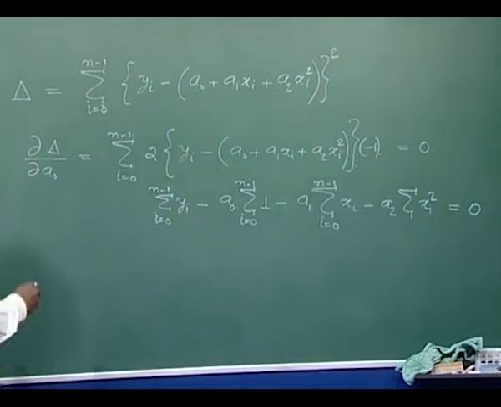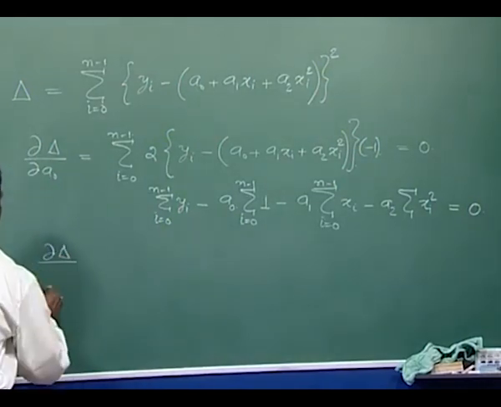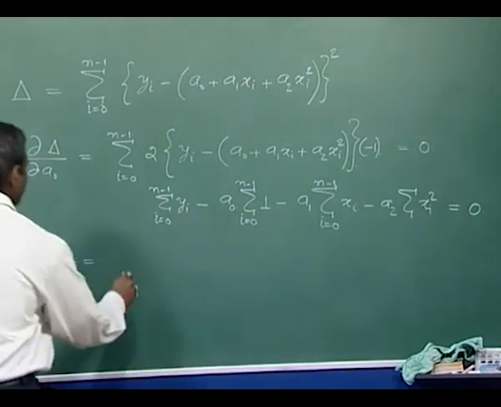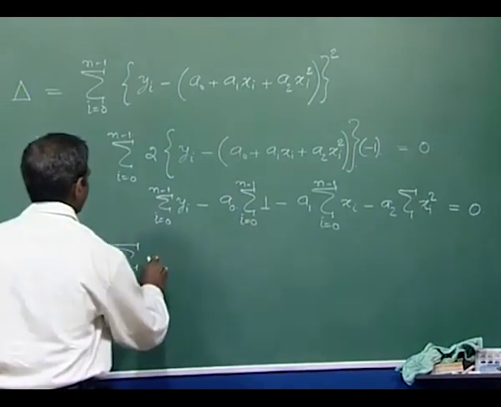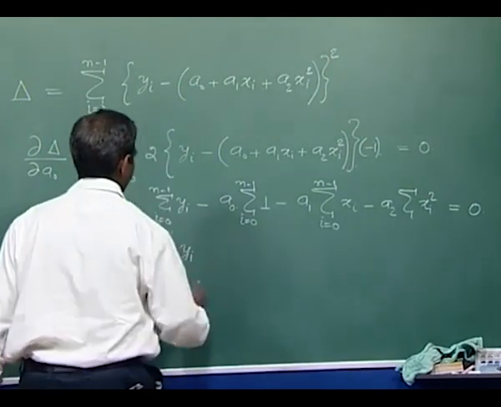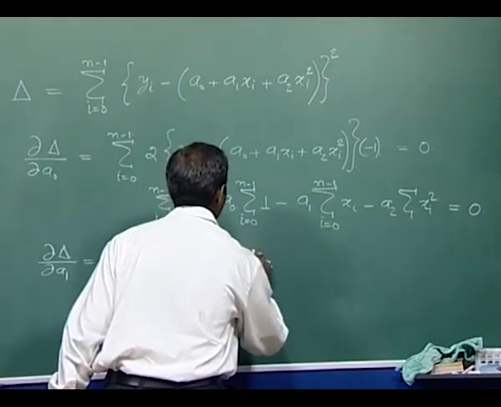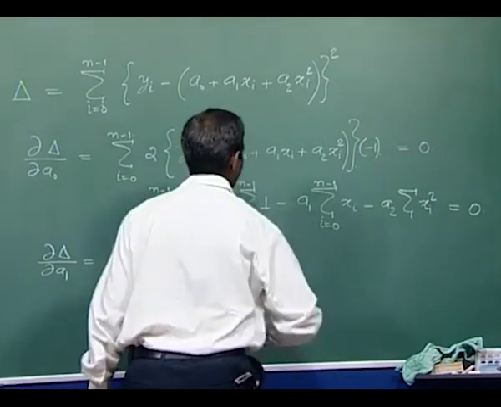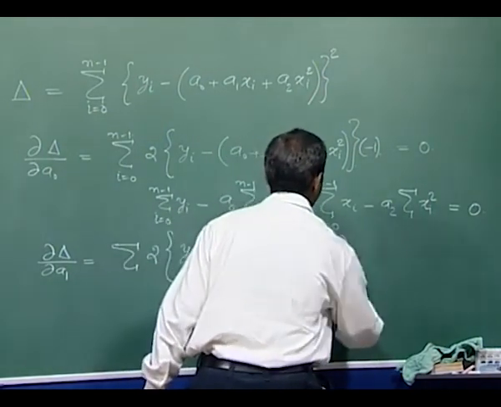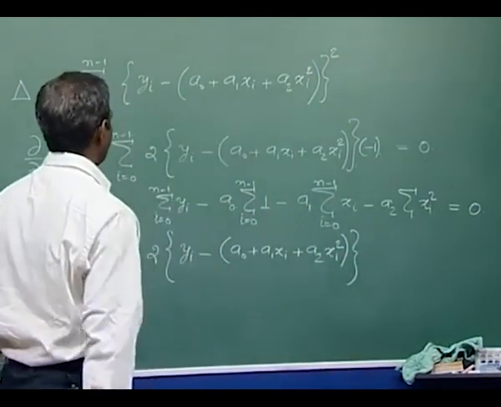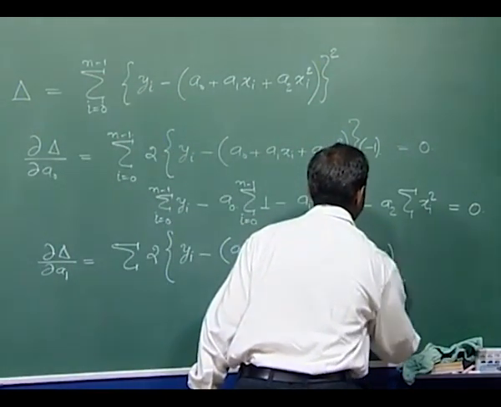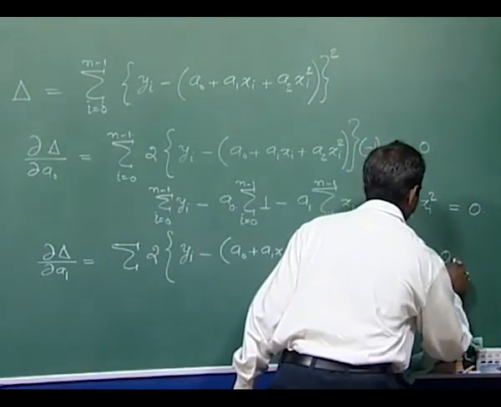One can compute partial delta over partial a1 in a similar fashion as summation 2 times yi minus a0 plus a1 xi plus a2 xi squared, times minus xi, and this will be equal to 0.